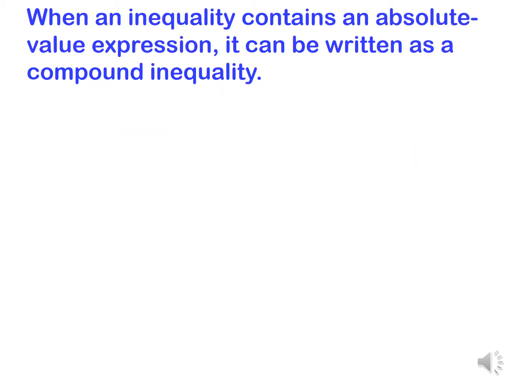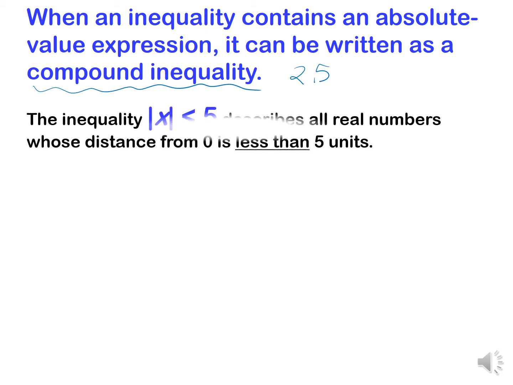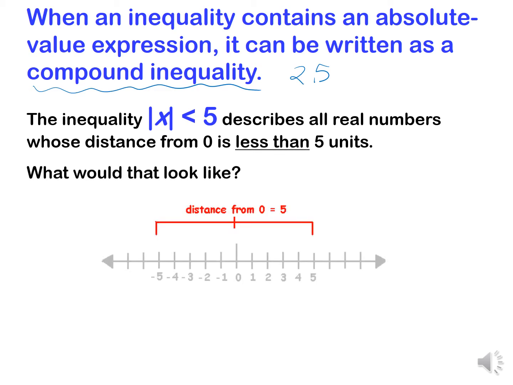Okay, when an inequality contains an absolute value expression, it can be written as a compound inequality. That's what we learned about in 2.5. So the inequality, the absolute value of x is less than 5, describes all real numbers whose distance from 0 is less than 5 units.